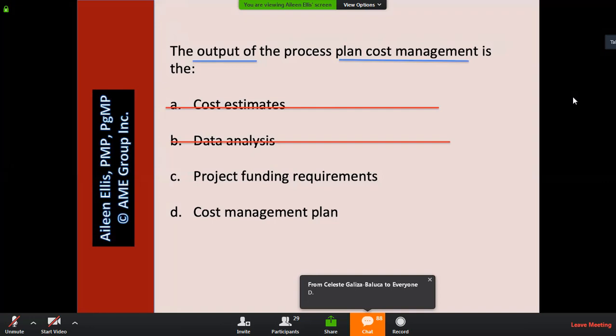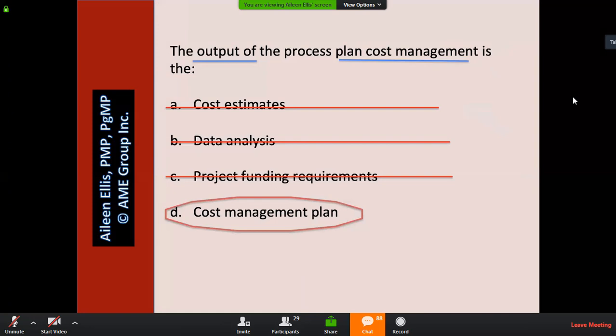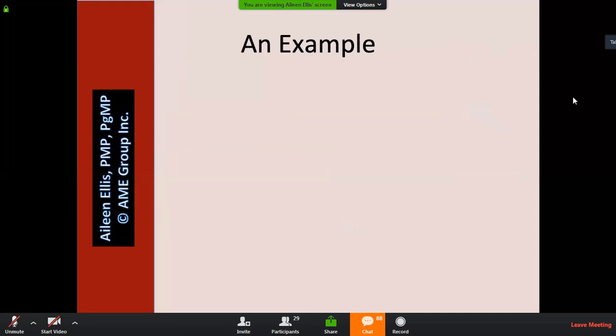Data analysis would be a tool and technique. It's not project funding requirements. It's the cost management plan. This should be a really, really easy question for you. If this is not a really easy question, you're not ready for the exam.